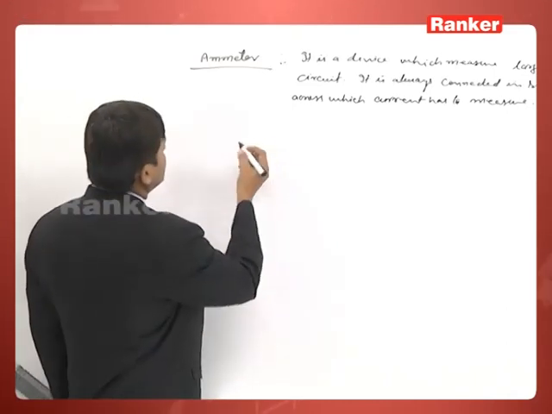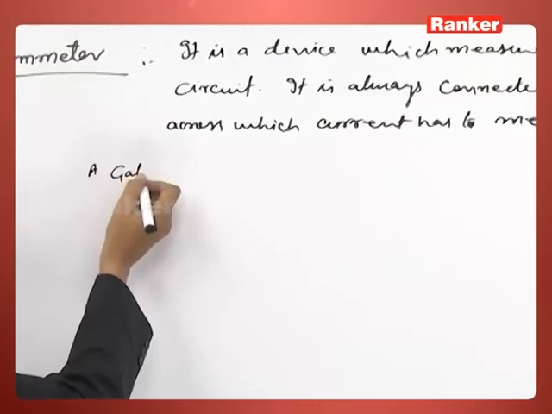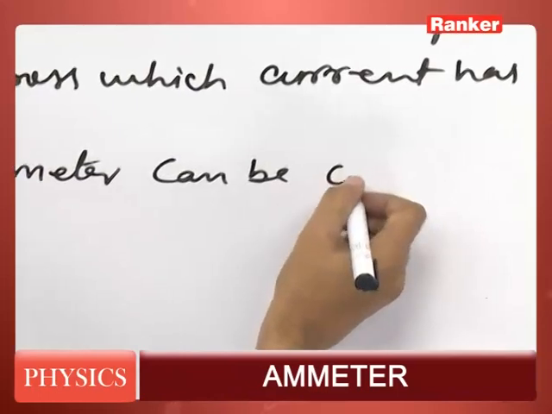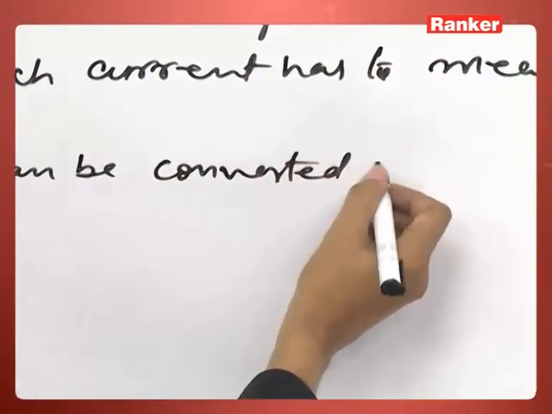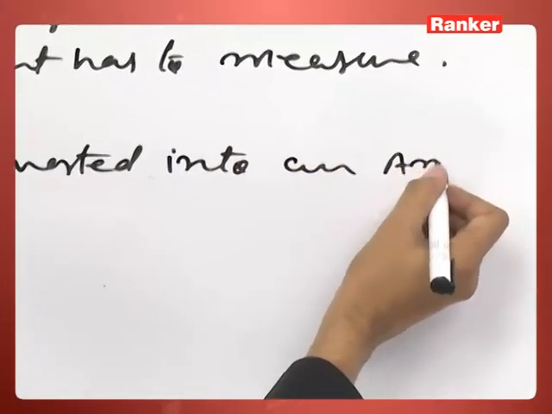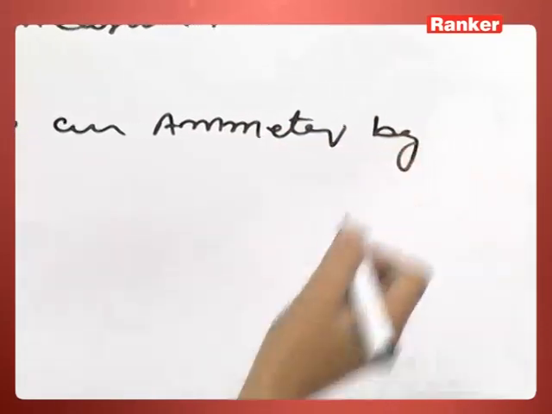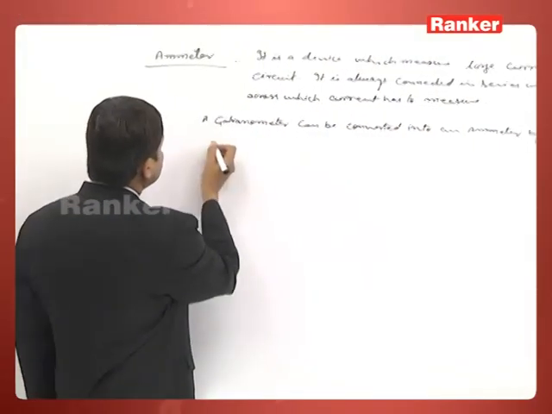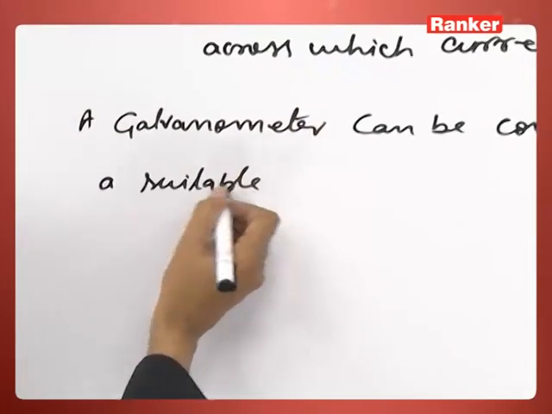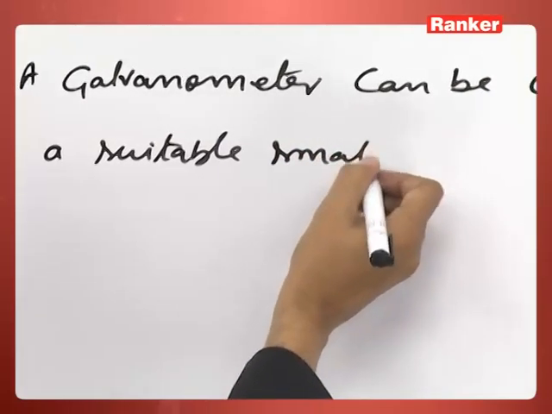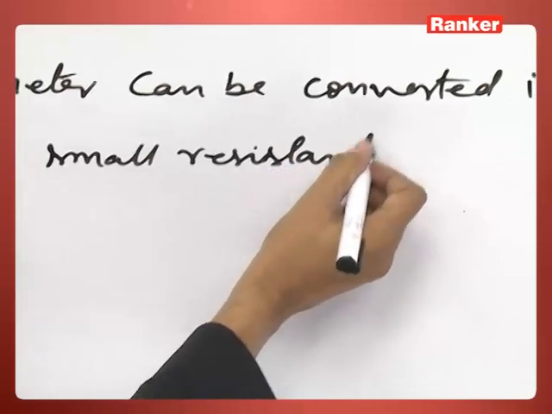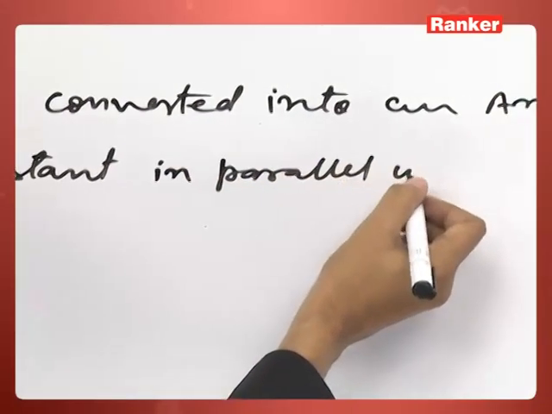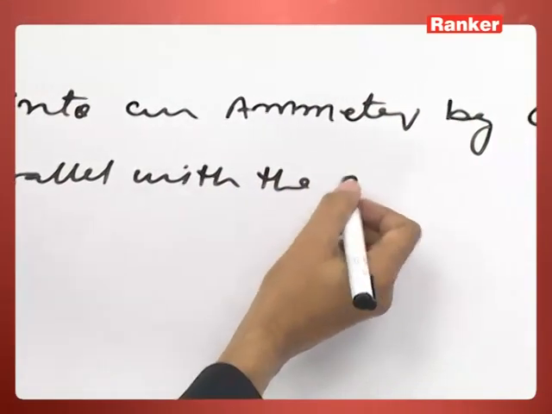So we can write, a galvanometer can be converted into an ammeter by connecting a suitable small resistance in parallel with the galvanometer.